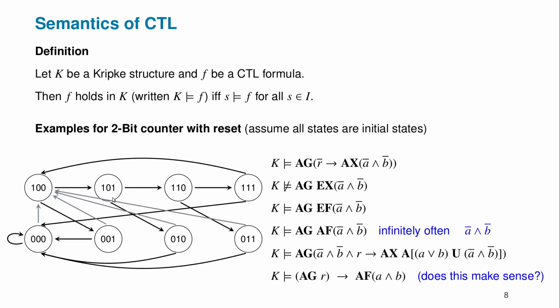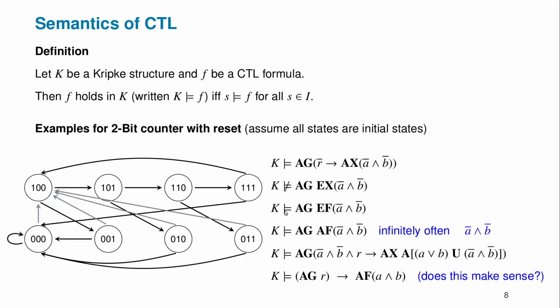Assume, for example, we are in the state 101, and we evaluate this exists next not A and not B. Then we would have to check it, for example, for 010, where not A and not B would have to hold, and this is obviously not the case. Therefore, this formula here does not hold.